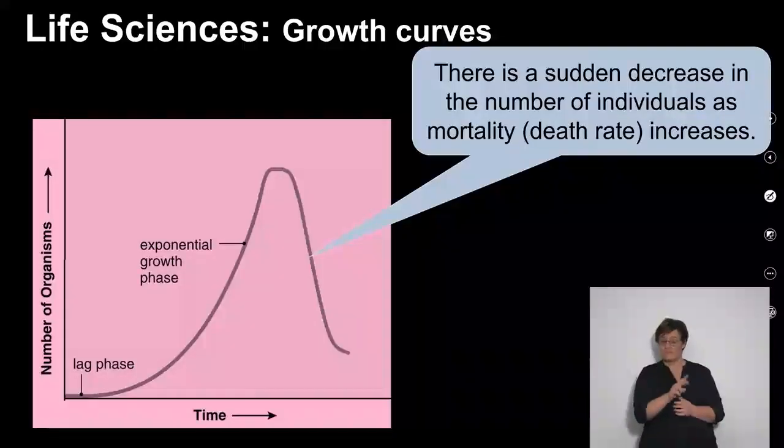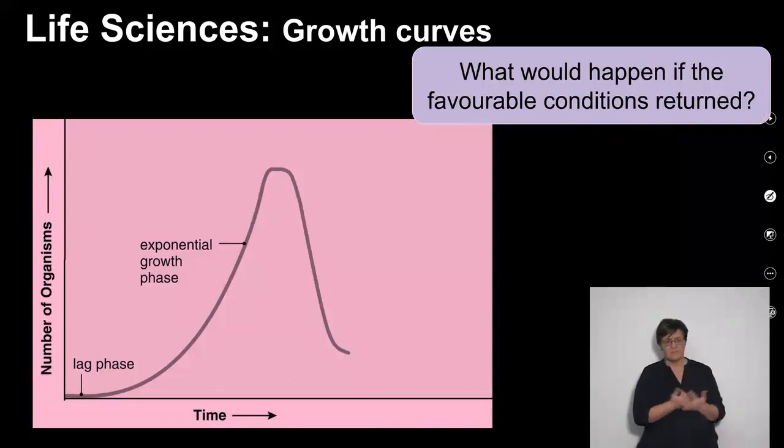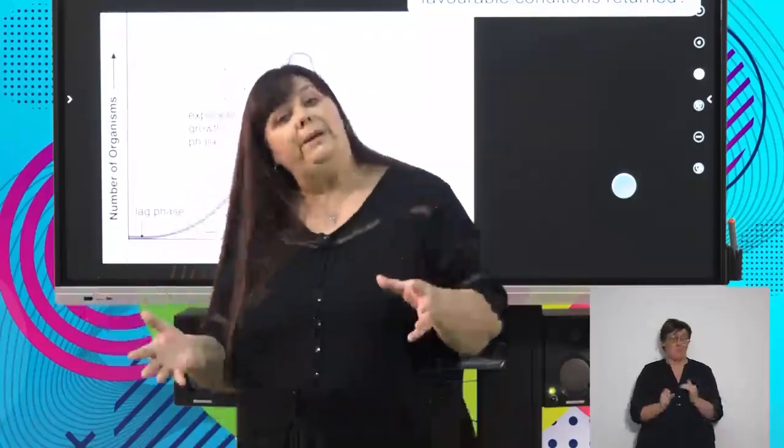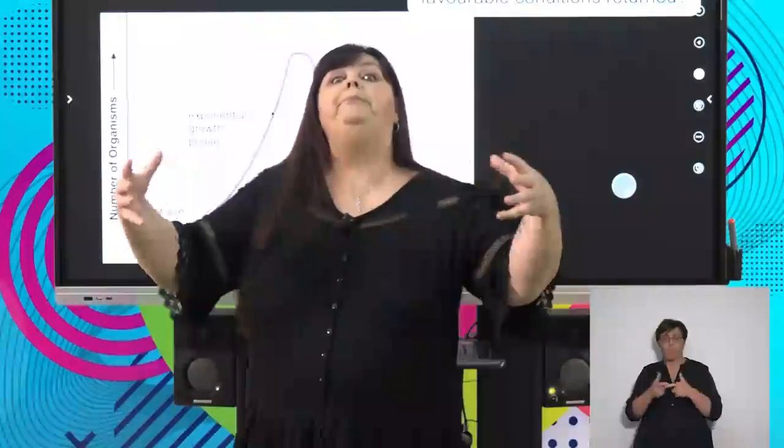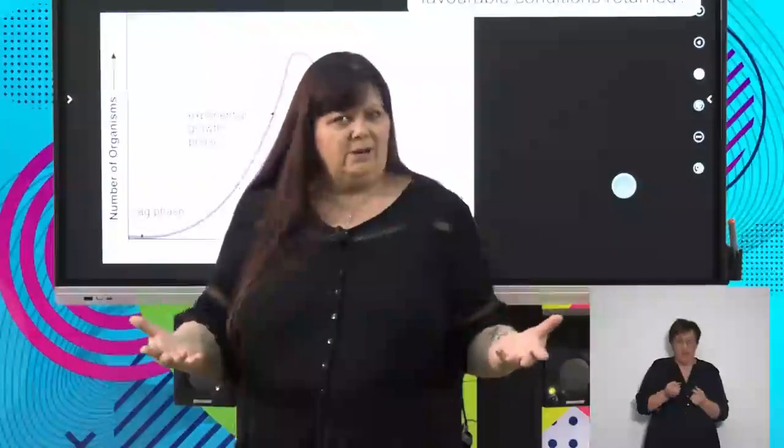So we would see then that there's now a sudden decrease in the number of individuals as the mortality or death rate increases. But I'm asking you a question now for you to make another prediction. What would happen if we move that population of bacteria to a bigger flask and we gave it more food and we cleaned out its waste products, for example?